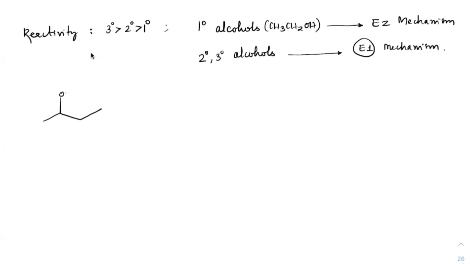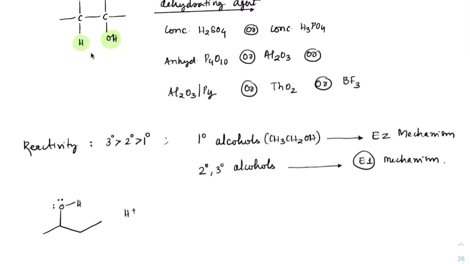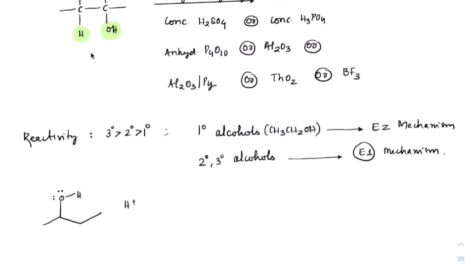Suppose you have O and H here, and there is an acidic medium like concentrated H2SO4 or concentrated H3PO4. If you observe carefully, BF3 is also a Lewis acid, ThO2 is a Lewis acid, Al2O3 is a Lewis acid, P4O10 is a Lewis acid. So basically you need to have an acid group, correct? So I can take either H plus or even BF3.